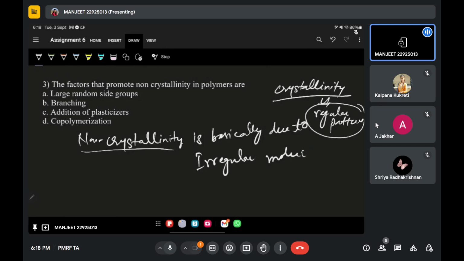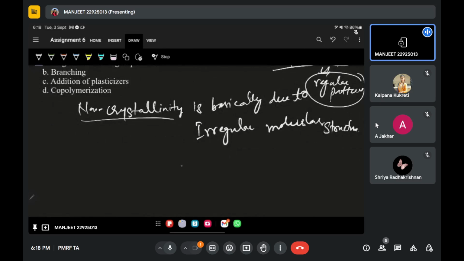So this non-crystallinity can be due to the irregular molecular structure. It can be due to chemical composition. It can be because of the different kinds of side groups in the mer units. So this can be one reason for the non-crystallinity.